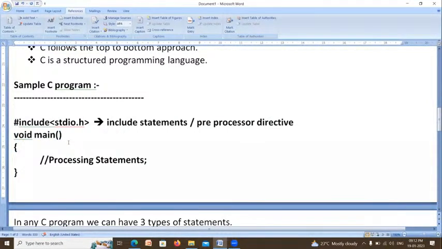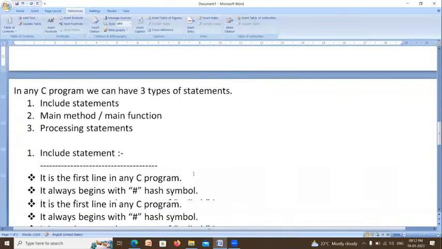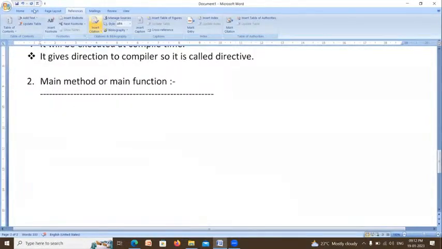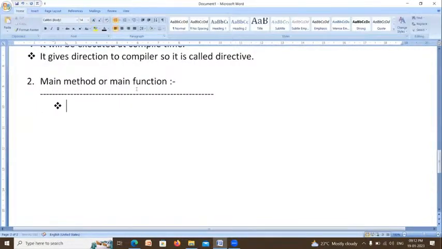The compiler always looks for where void main is, and from there the execution begins. So it is called the first executable statement.